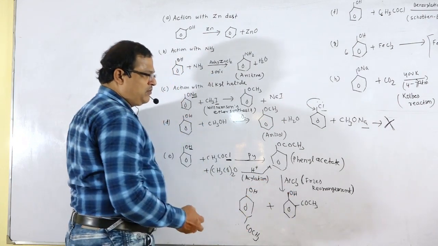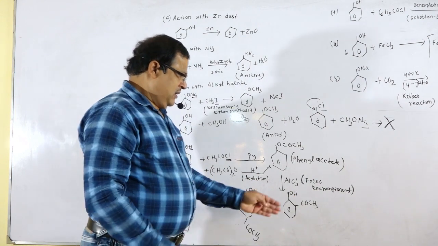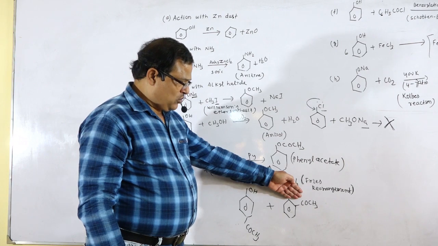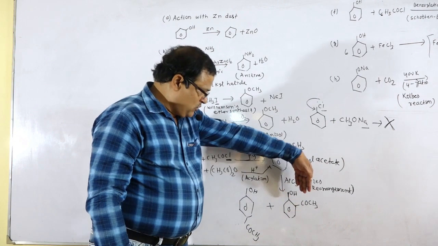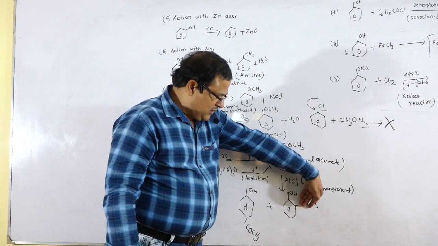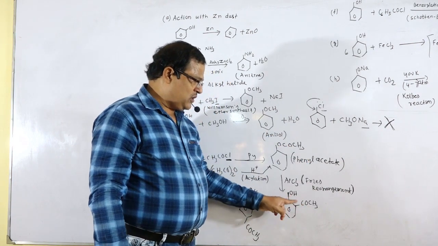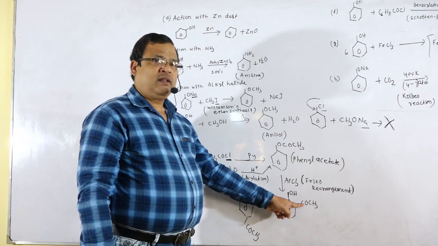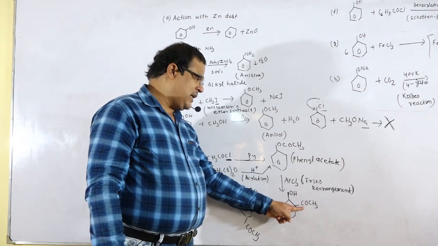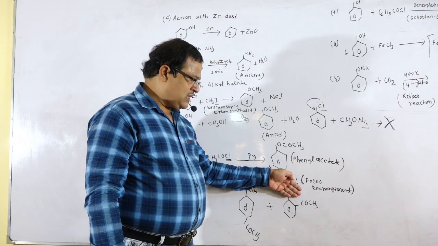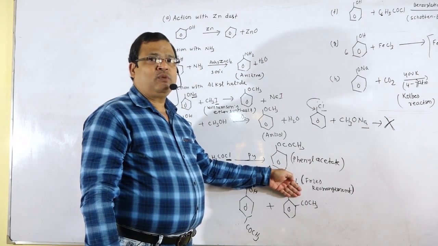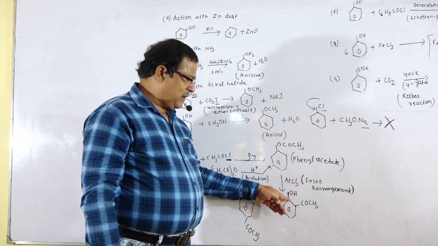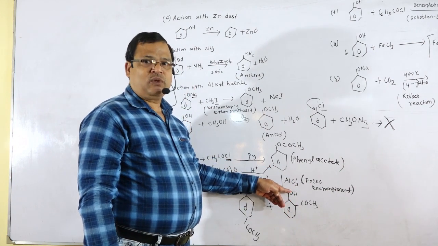Then how to name this compound? If this group is there, then it is known as acetophenone. If this group is there, then it is known as phenol. So among these two groups, the COCH3 group is treated as the senior group. Therefore, the name of the compound is made according to the COCH3 group, that is acetophenone, and at the ortho position there is the presence of the OH group.